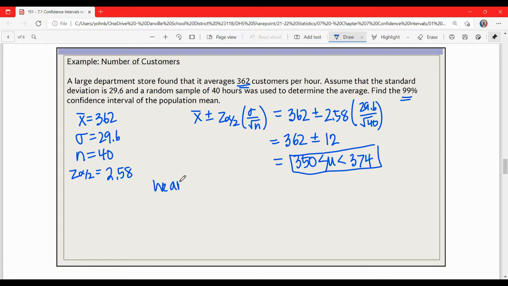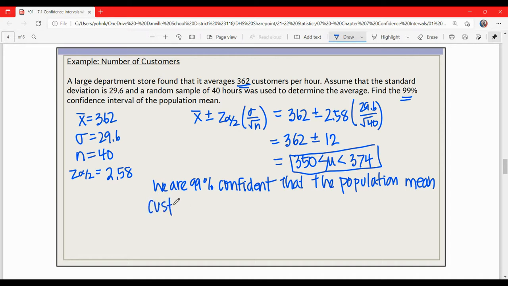So we are 99% confident that the population mean, customers per hour, is between 350 and 374 people.